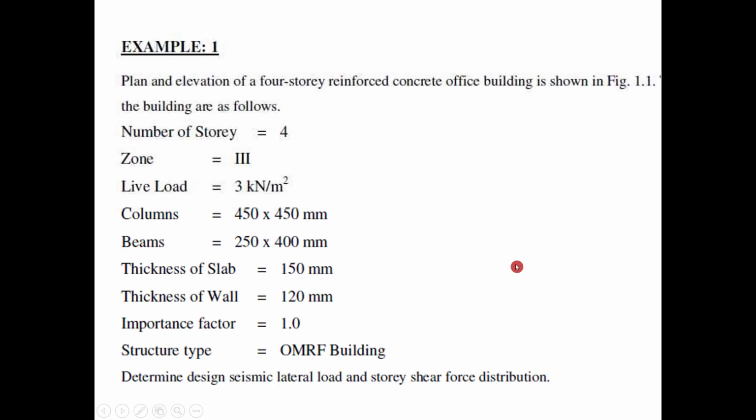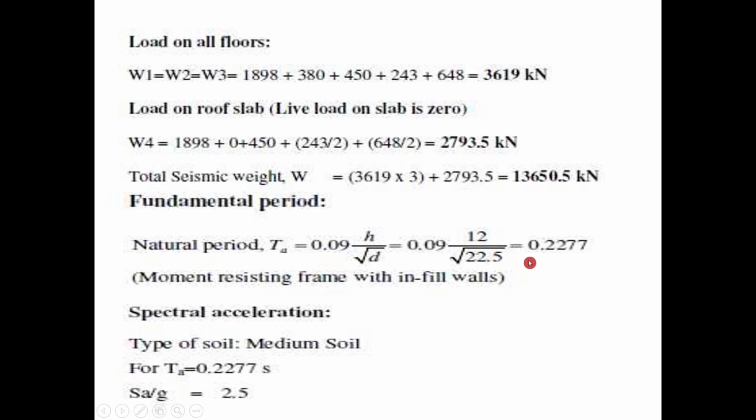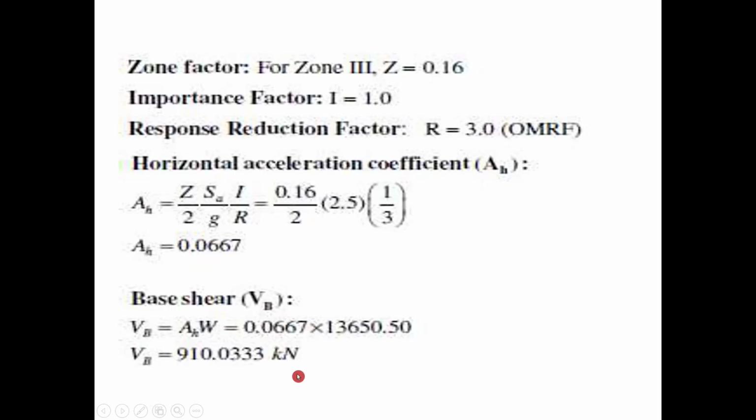Sorry, the medium soil type is not given in the question. In that case, you can assume the soil type and mention it in the answer paper. From the time period and the type of soil, you can find the Sa by g value. The zone factor is 0.16 from the table of IS 1893.